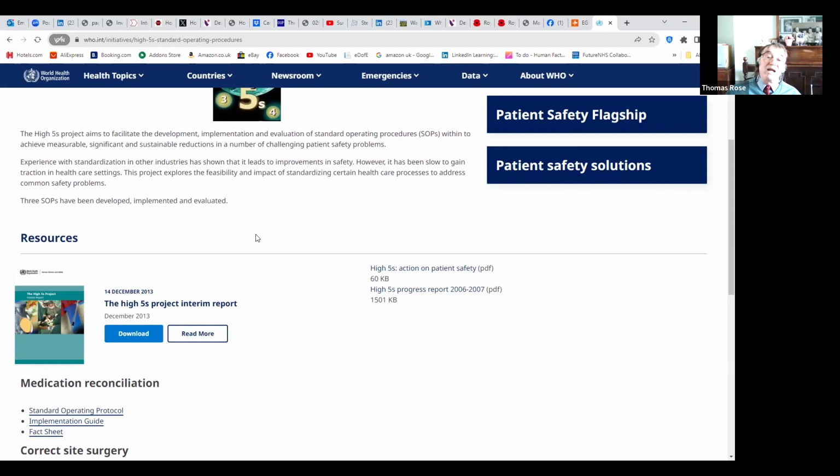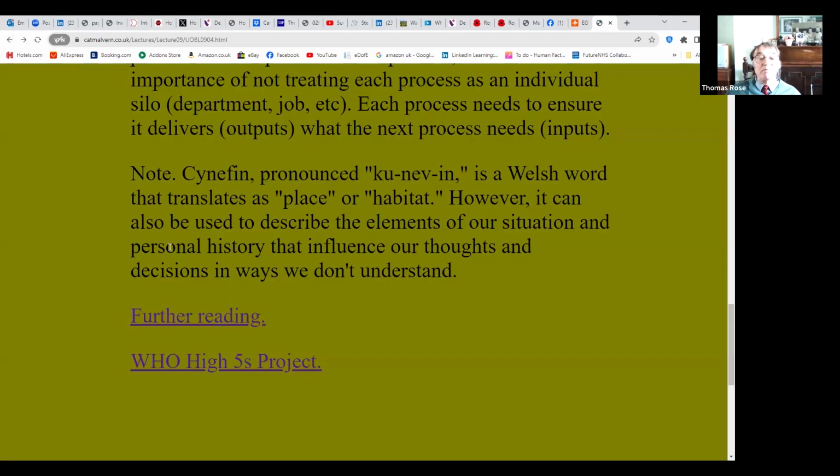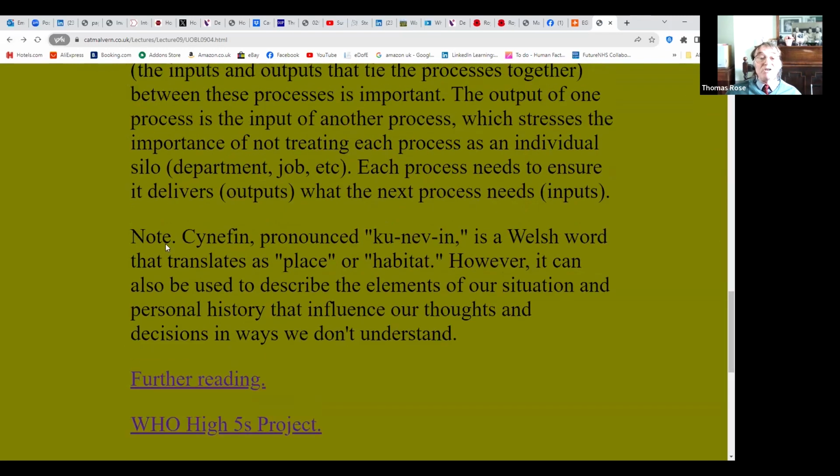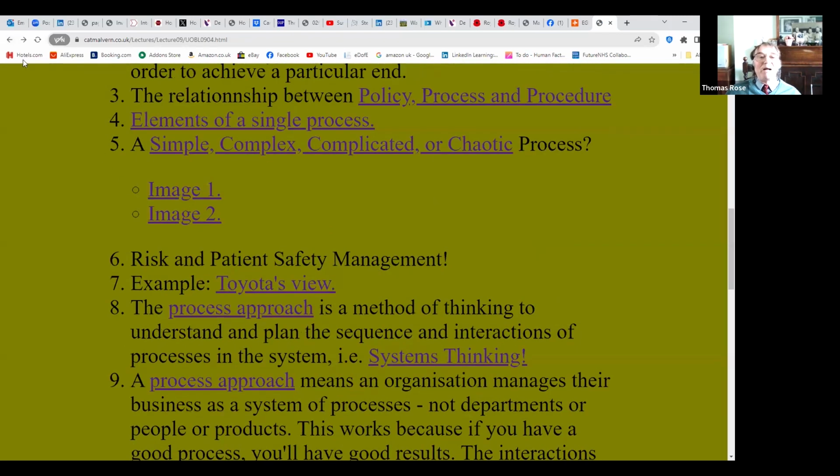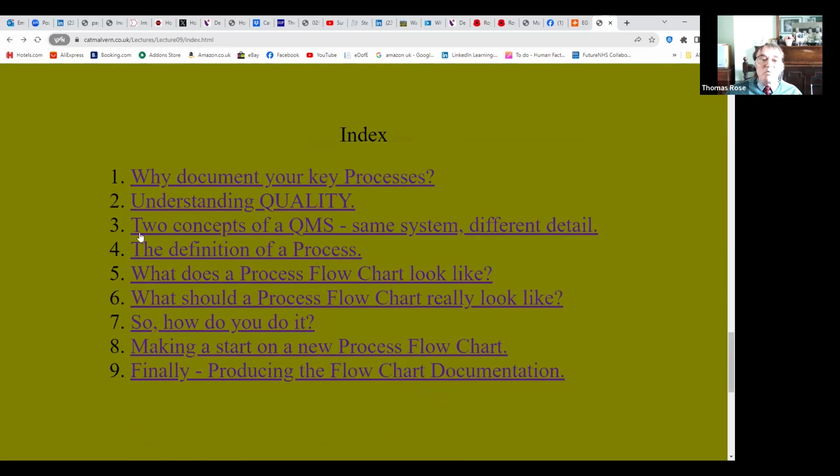The UK was a member of that project, but I think they dropped out of it before the finish.